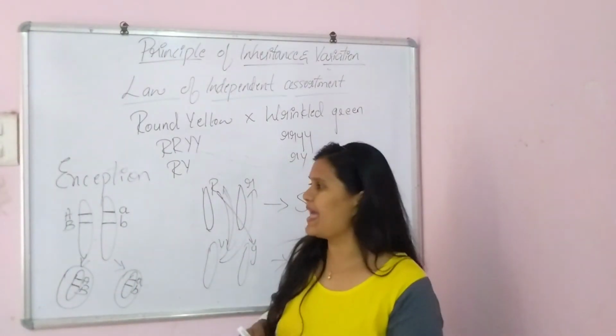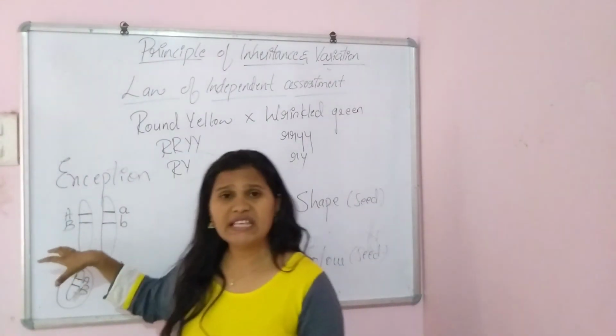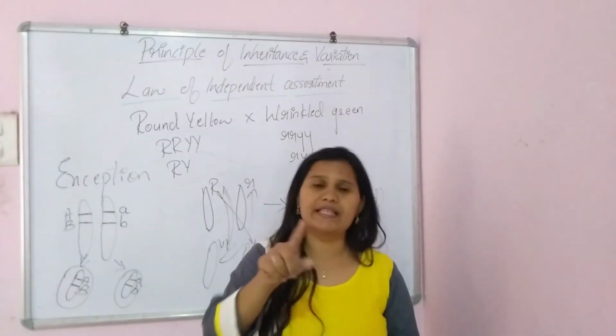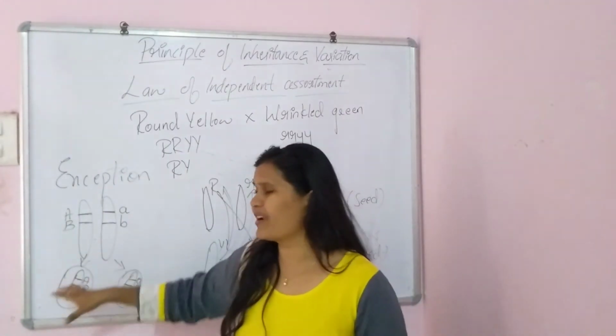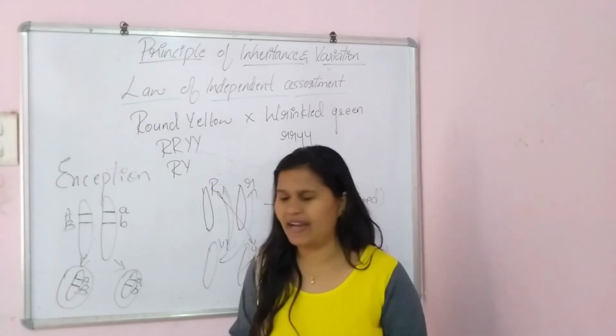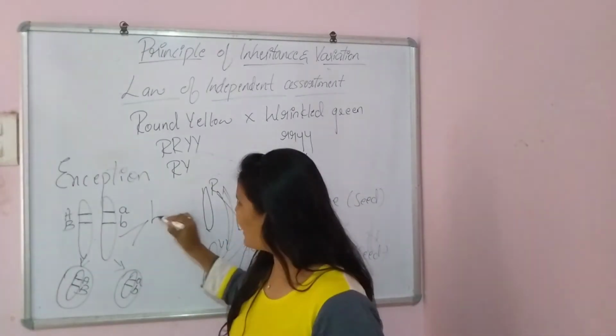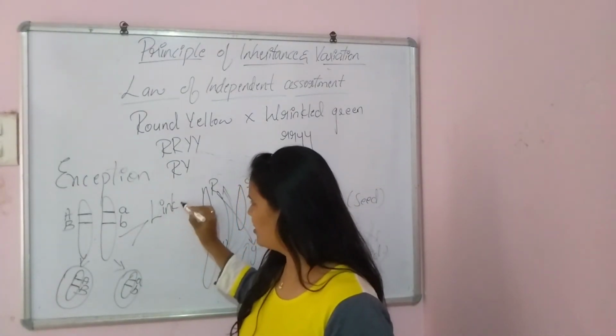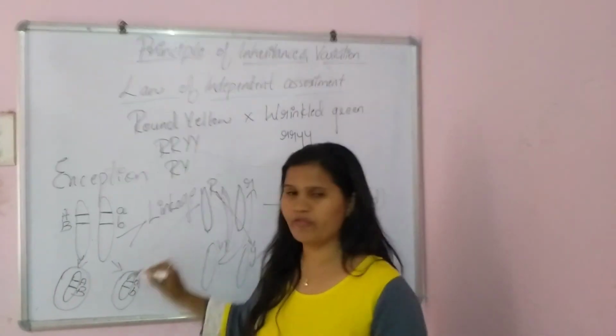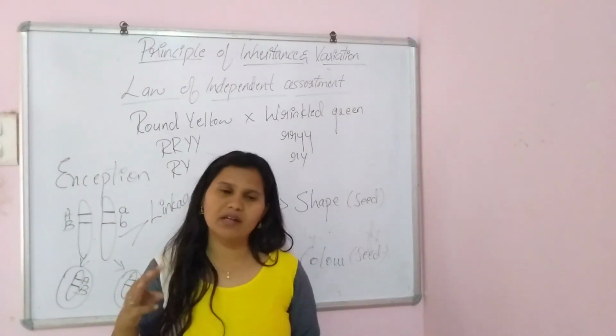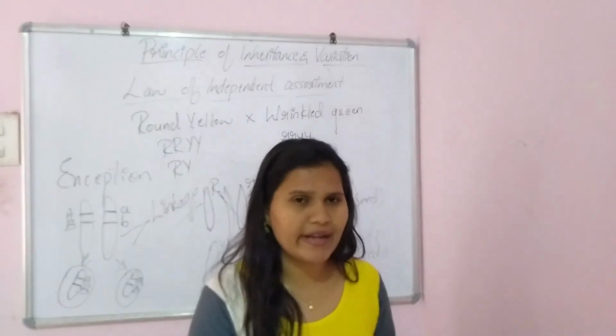So this is the exception because these alleles are present on the same chromosome, hence they won't get separated independently. So this is called linkage. Linkage is one of the exceptions to the third law, the law of independent assortment.